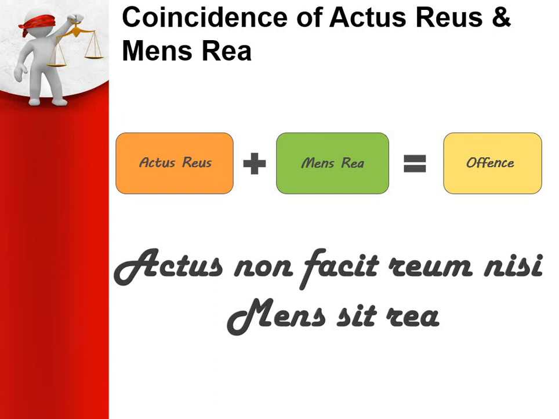There has to be the requisite mens rea present as well. So this maxim shows that both actus reus and mens rea are needed in order to constitute an offence. So I'm sure you're clear as to the two main ingredients of an offence, which is the actus reus and the mens rea, which should be established by the prosecution.